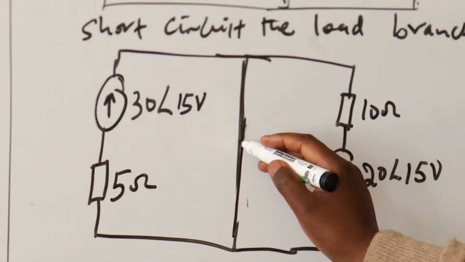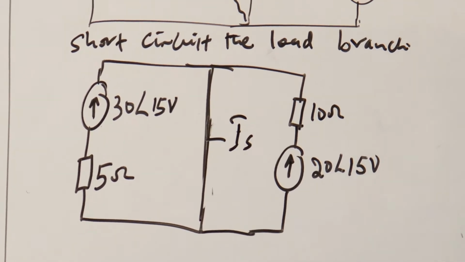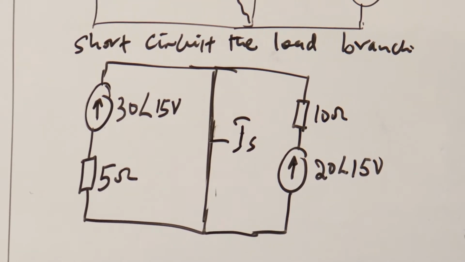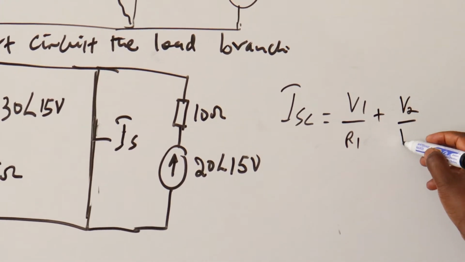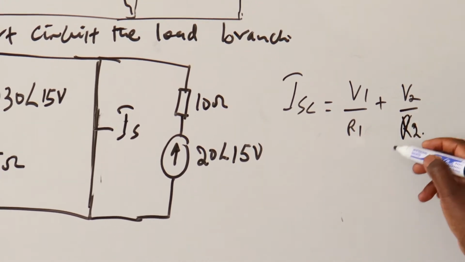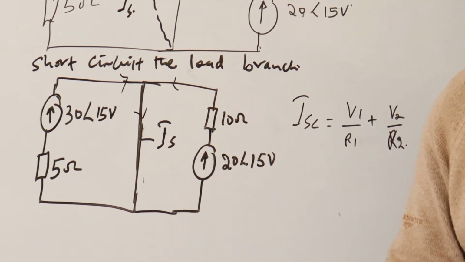Let us take note of the direction of current. When you short circuit this load, this becomes the short circuit current, because the currents arrive at the same point. Using Kirchhoff's current law, I_SC equals V1 over R1 plus V2 over R2, because these currents arrive at a common junction and go through the short circuit conductor.